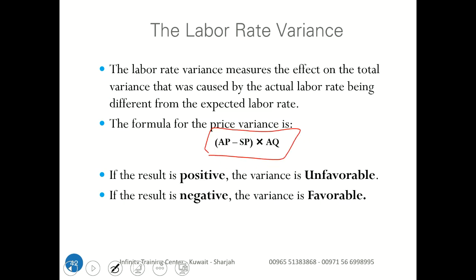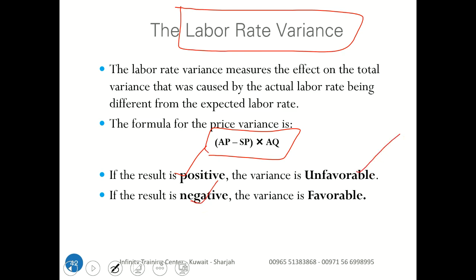But here AP means the actual rate you paid, and SP is the standard rate of labor. So the price variance is going to be the same, or we call this labor rate variance. And again, if the result is positive, it is unfavorable. If the result is negative, it is favorable.